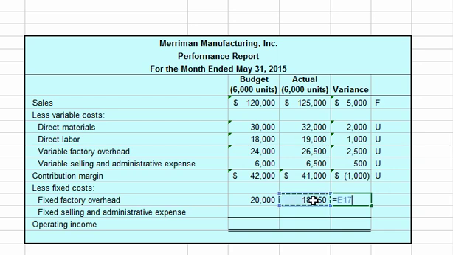Again, I'm going to say actual minus budget. We got a negative 1,250, but let's compare it. Our fixed factory overhead, we expected it to be 20,000. It's only 18,750. So what? We beat the budget, right? Our cost was less than we expected it to be. So that's favorable for us.